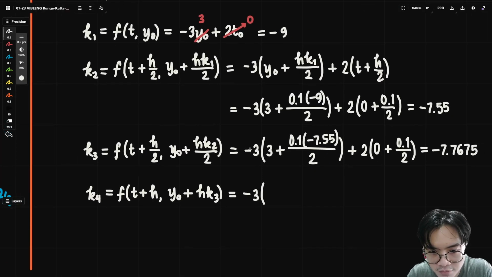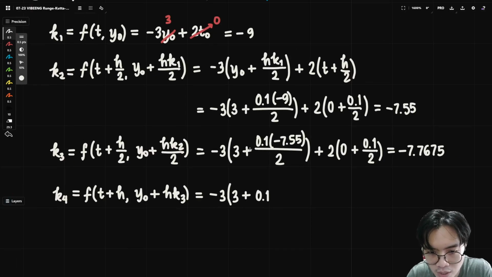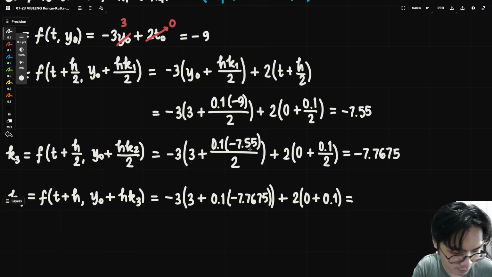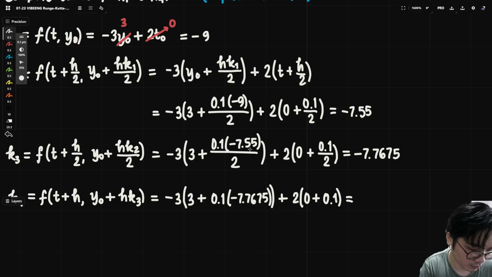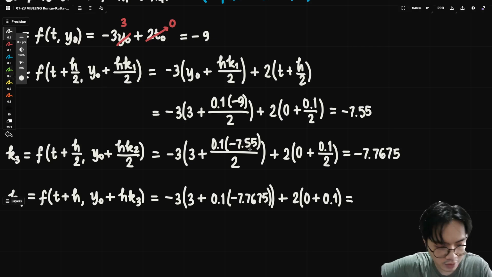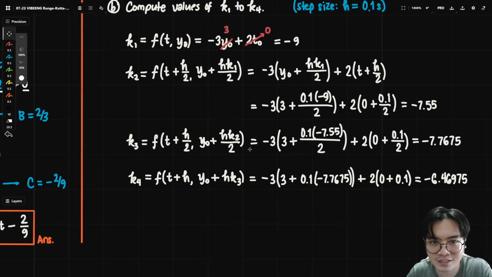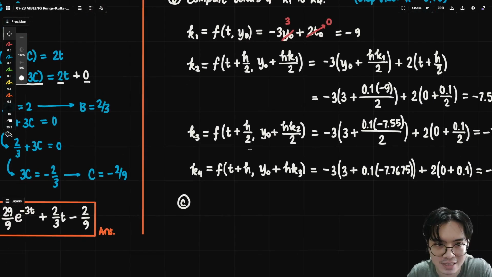We will now have negative 3, and then now this is a full step, 0.1 times negative 7.7675, and then plus 2 times 0 plus 0.1. We will have now negative 6.46975.